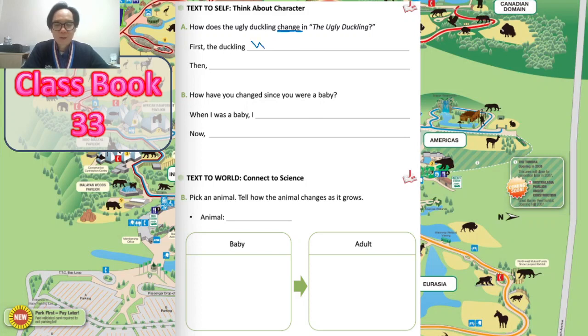Was. When we say something happened before today or before now, we use the word was. First, the duckling was, and what was the duckling? He was small? No, he was big. That's right, big. B-i-g.